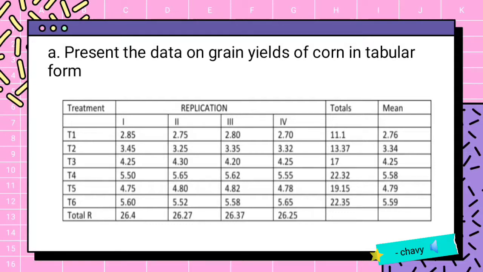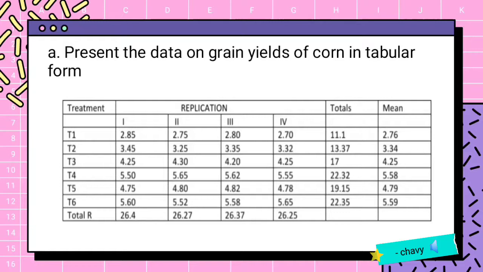In treatment 1, we have a total of 11.1, 13.37 for treatment 2, 17 for treatment 3, and so on until treatment 6, which has a total of 22.35. Moreover, in getting the mean, all we need to do is divide the totals by the total number of replications.